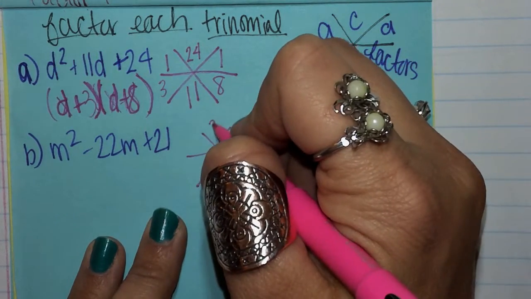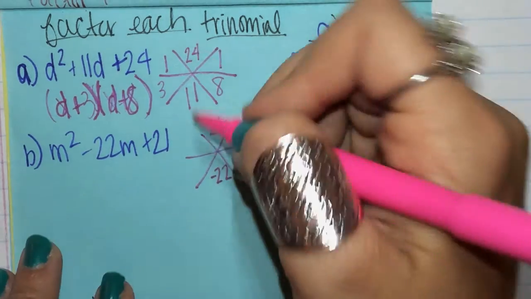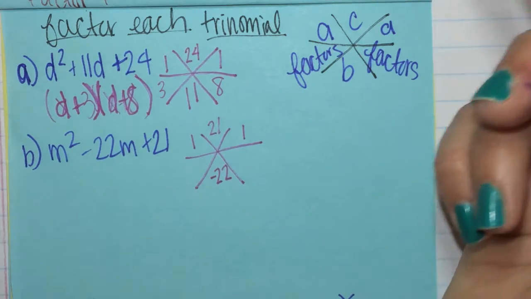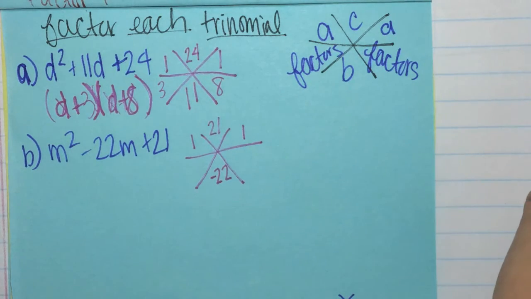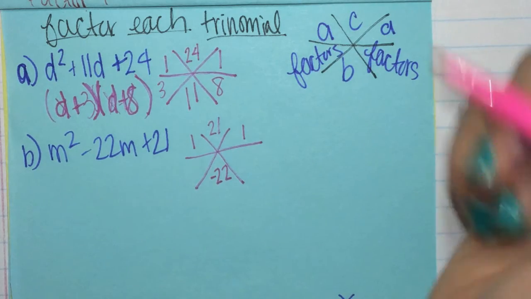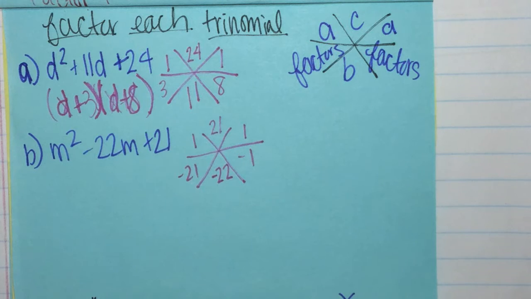Negative. Why? Because they have to give you a positive 21 when they're multiplied together, but they have to add to give you a negative. All right, what two numbers multiply to give us 21? Do those add to give us negative 22? Look at you go. Negative 21, negative 1. Good job, Mary.